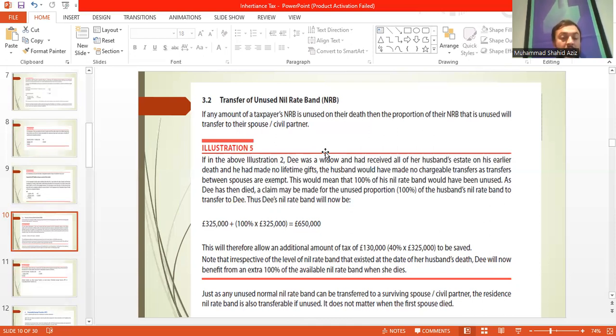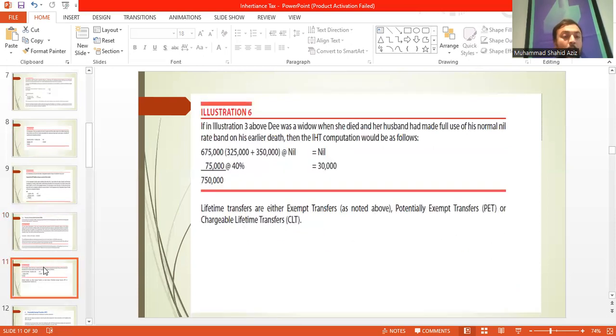Same as the residence nil rate band transferable between spouses, yes. Another example. I'm giving you a lot of examples to make your concepts clear because it's one of the difficult topics in your exam, personal tax. My purpose is to make your concepts crystal clear.